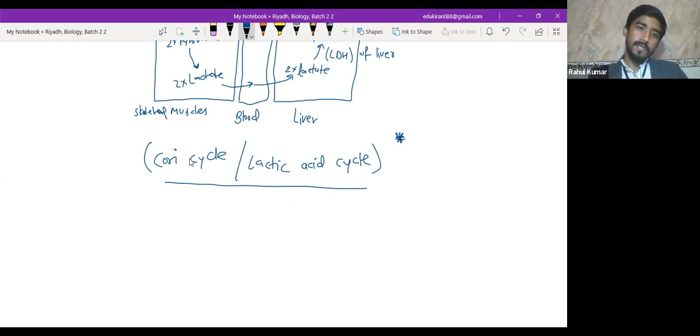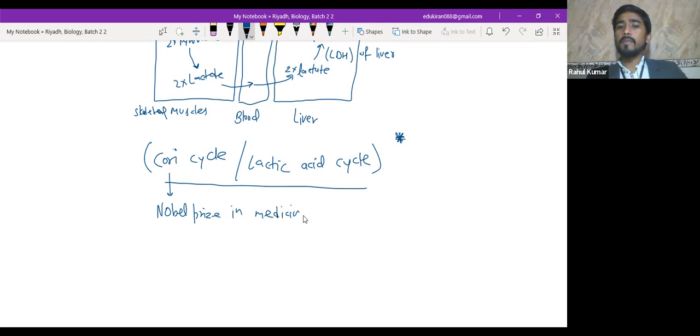And one thing about this cycle is this person got a Nobel for figuring out this cycle. Nobel Prize in Medicine and Physiology. You know, there is no Nobel for biology. You know that?